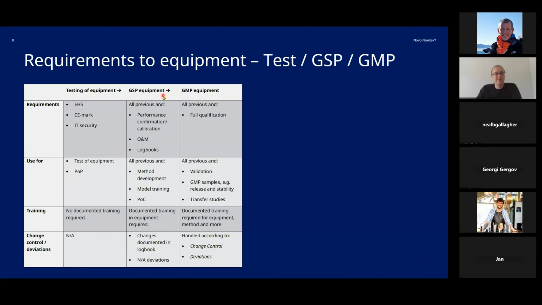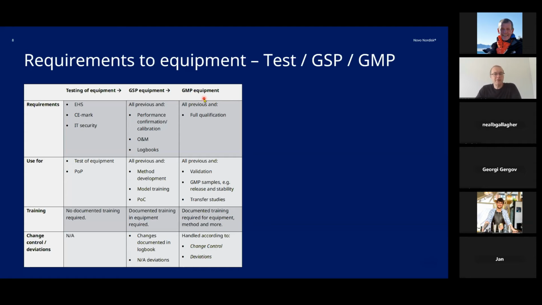And then when we want to have validated methods, we need qualified equipment. So we use this terminology in Novo Nordisk, that we qualify the equipment and we validate our methods. So that is the distinction between qualification and validation that we make.